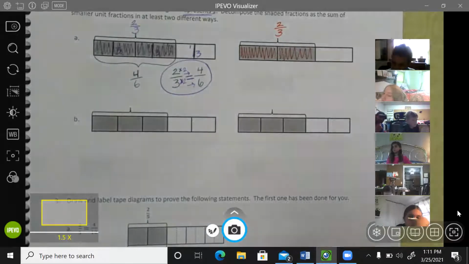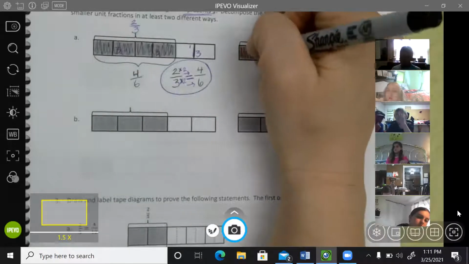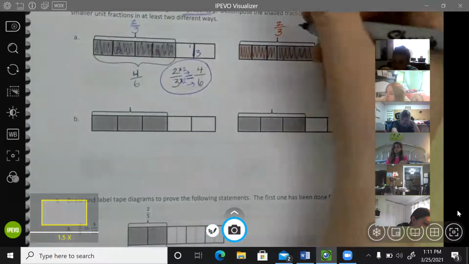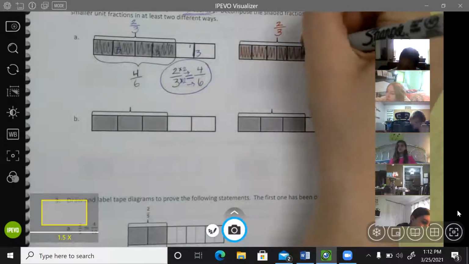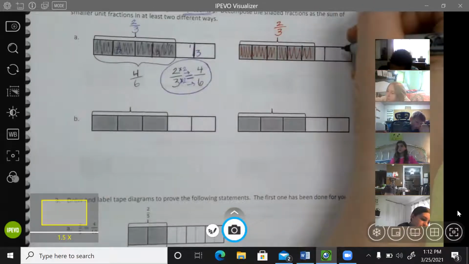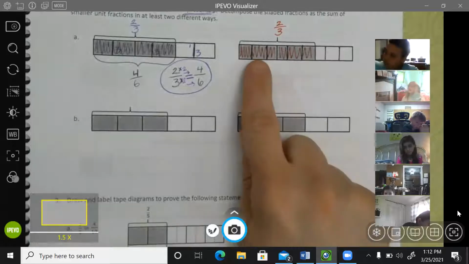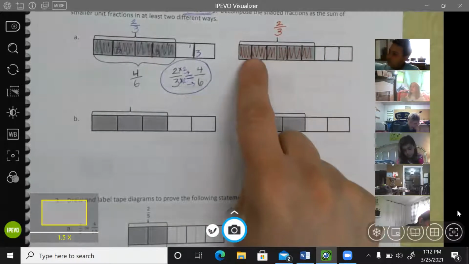So now I'm going to take this black marker and I'm going to break this third into 3 pieces, this third into 3 pieces, and that third into 3 pieces. I want you to do the same thing. You're splitting each third into thirds now.